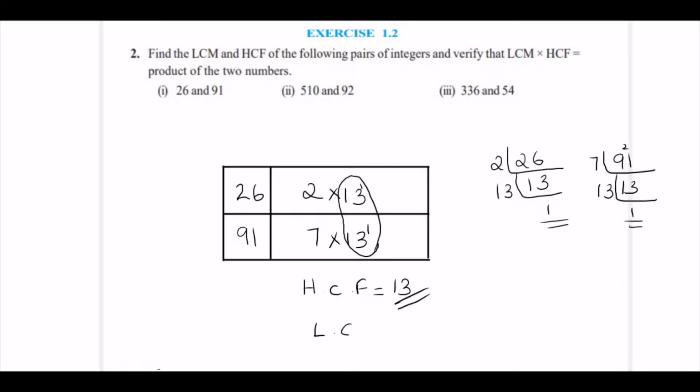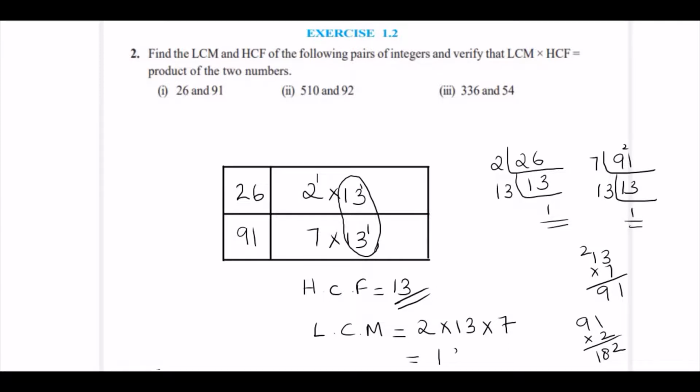Now when finding the LCM, take all the involved factors, that is 2, 13 and 7, and take the greatest power. So here the power of 2 is 1, of 13 is 1, and of 7 is 1. 13 into 7 is 91, and 91 into 2 is 182.